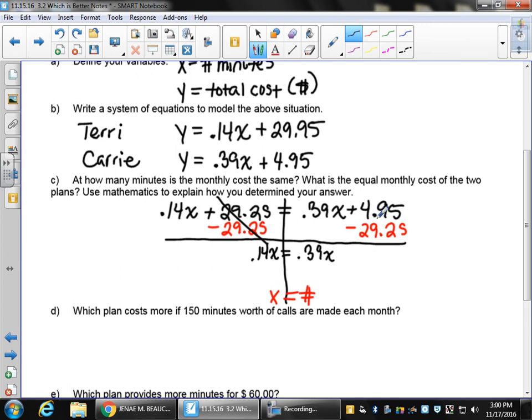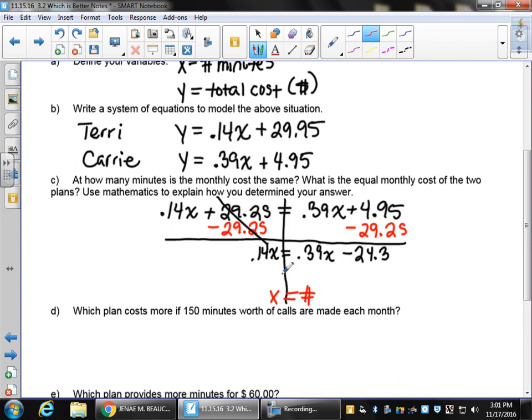Here I have 4.95 minus 29.25 in our calculator. Let's see, 4.95 minus 29.25. We get a negative 24.3.